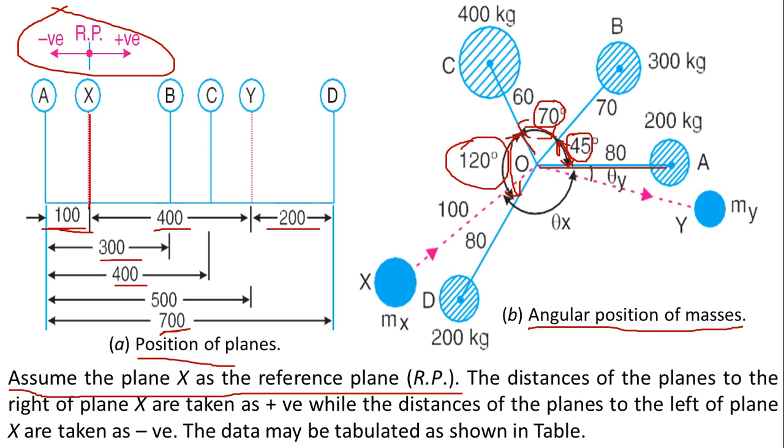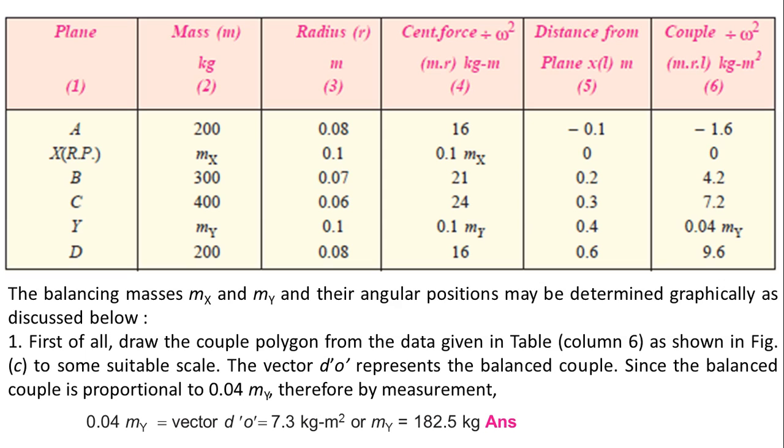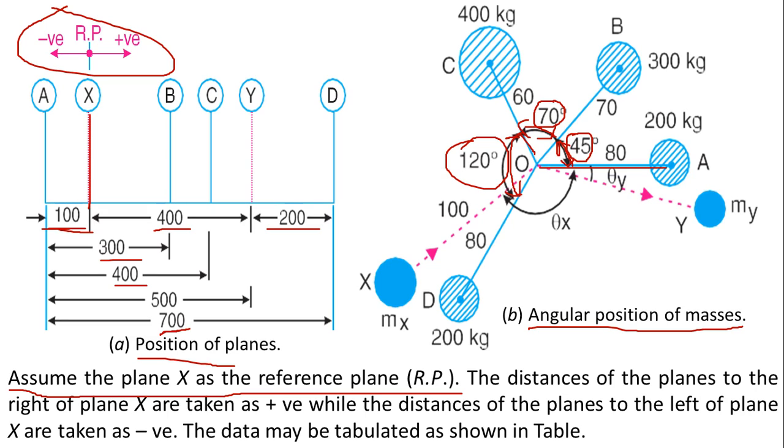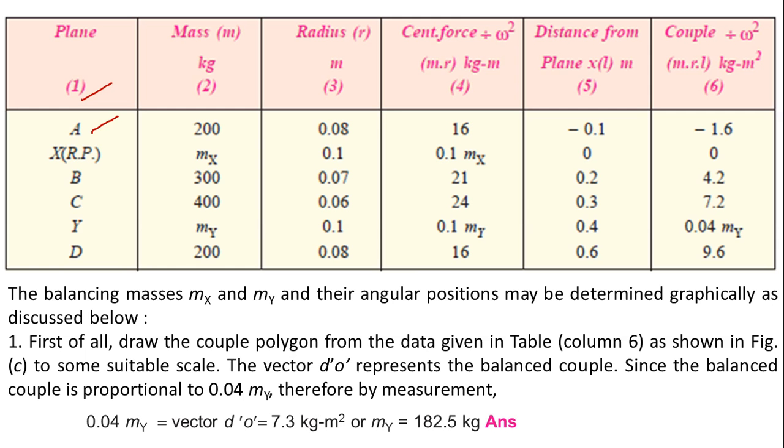Okay. So now you have to first draw the table. Same type of thing. For planes, the first column will always be the plane, that is A. How it is shown in the figure, the same way you have to draw it. A, X, B, C, Y, D, and X is the reference plane.